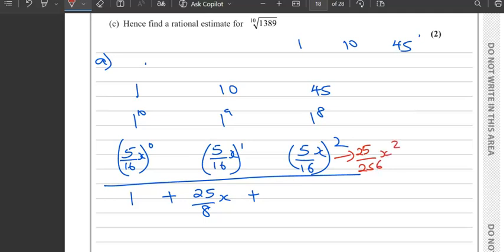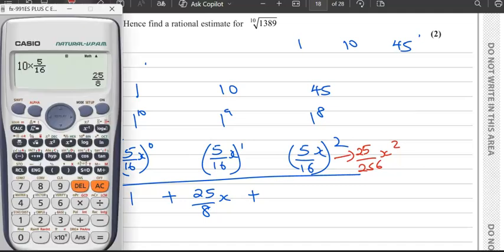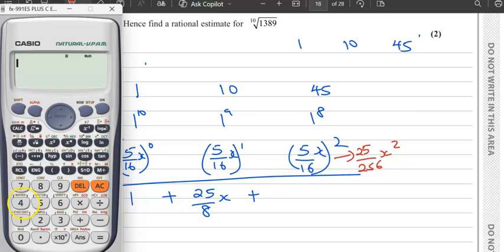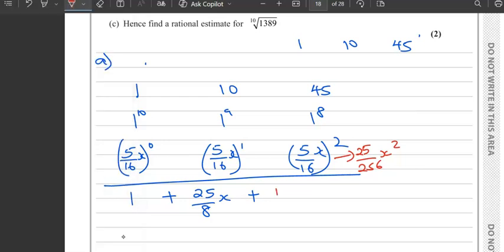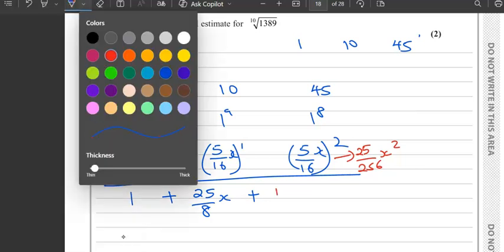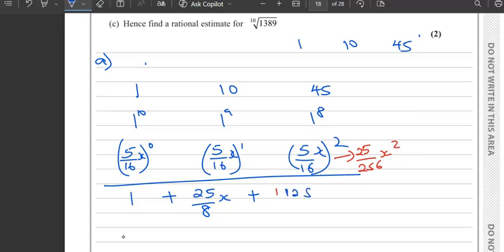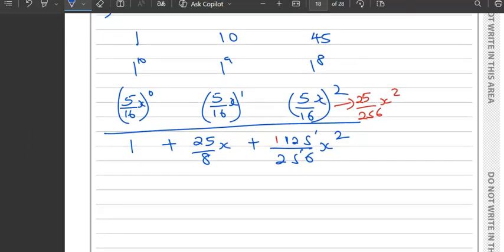So your work becomes quite easy. We'll have 45 times 25/256, and this gives you 1125/256 x squared. This becomes the expansion of the expression using the first 3 terms, or up to the term x power 2.